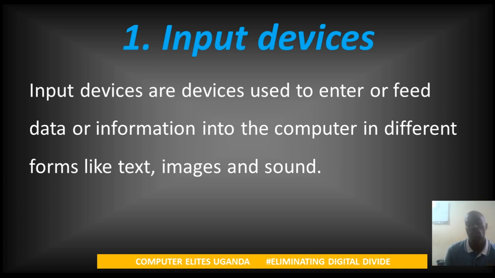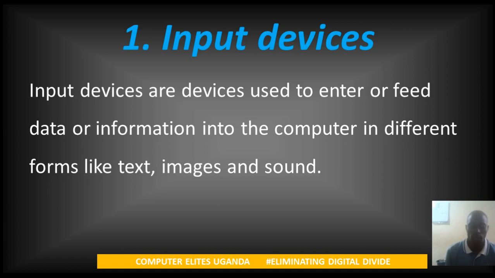Whenever we are using a computer and there is any problem you want to solve, say you want to type text, you use an input device. You have images, sound. Those are the devices categorized as input devices.